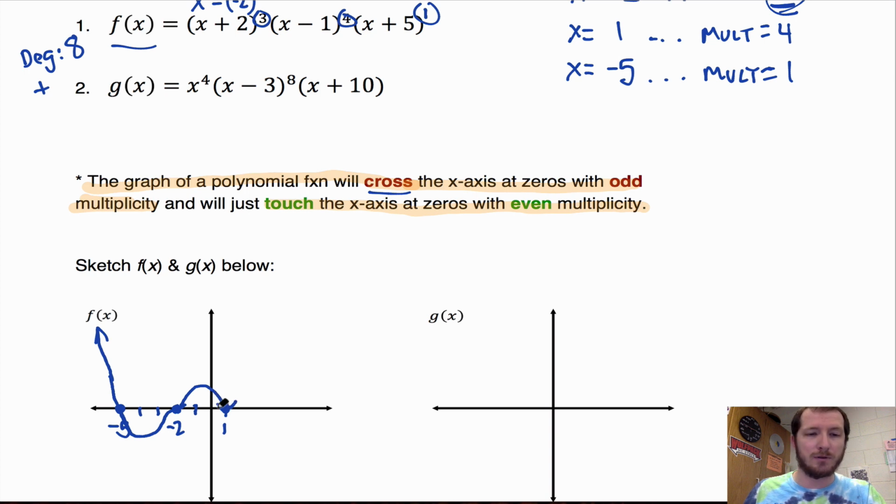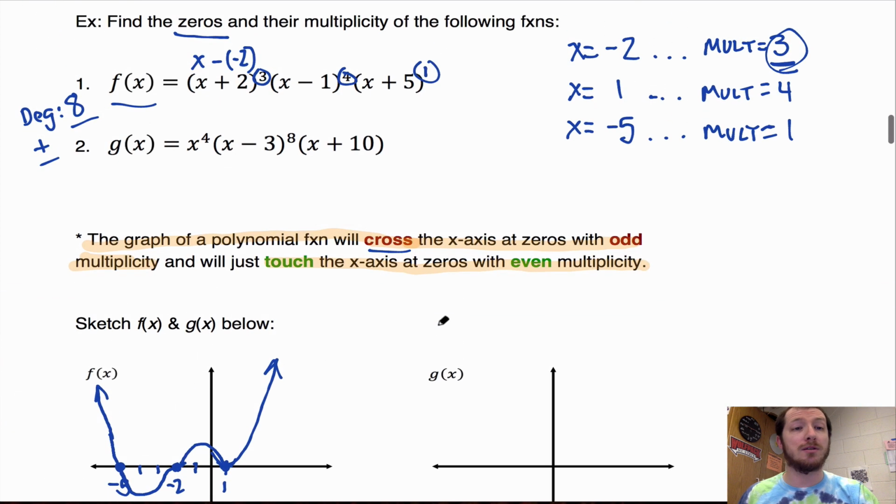And then we know it's going to end in an increasing fashion. So there's our sketch of f of x. Again, not exact, but knowing from our overall degree, our sign, and our roots and multiplicities, we get a good idea of what that graph is going to look like.